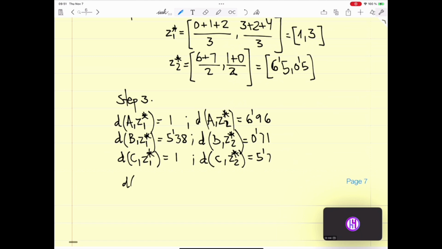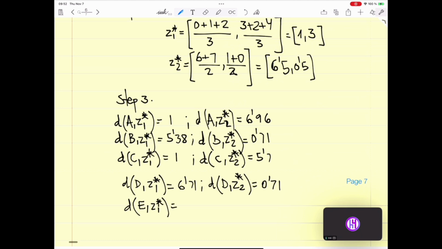Distance between D and Z1 star is 6.71. Distance between D and Z2 star is 0.71, and distance between E and Z1 star is 0.71, and between E and Z2 star is 5.70.